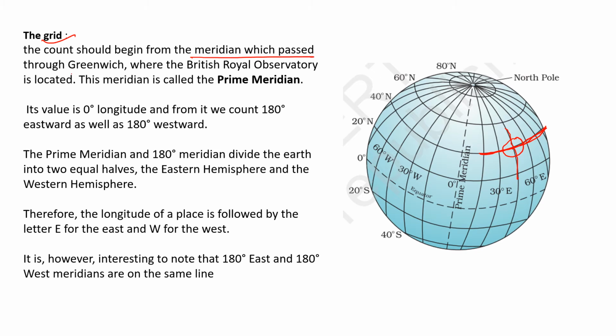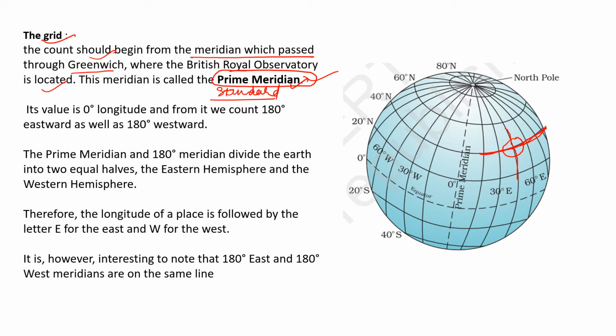which passes through Greenwich. That is a standard meridian. In India we use a standard meridian. Okay, but for the globe there is a prime meridian. That is the main reference point, and it passes through Greenwich, where the British Royal Observatory is located.